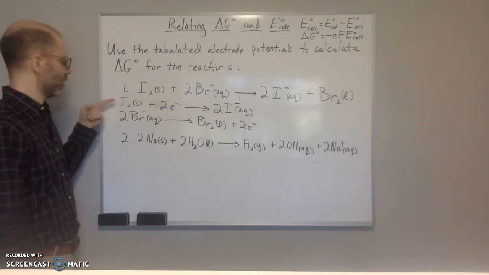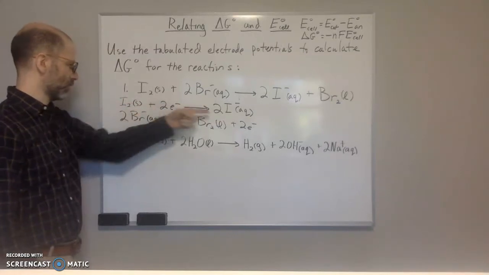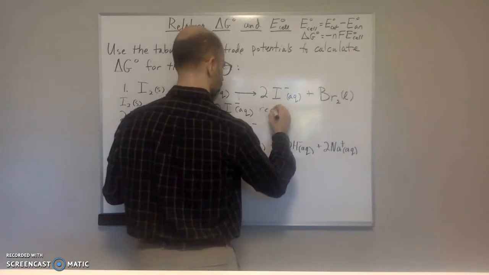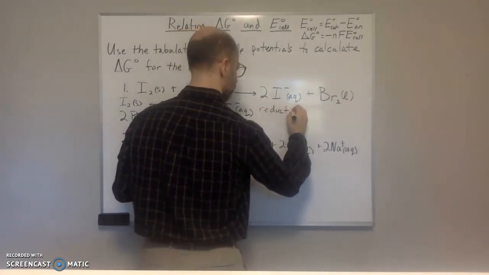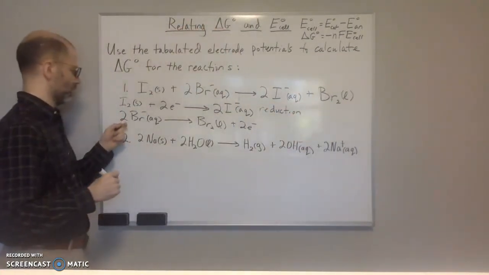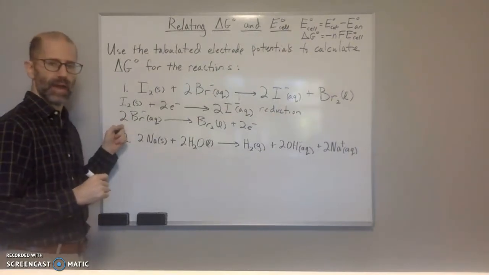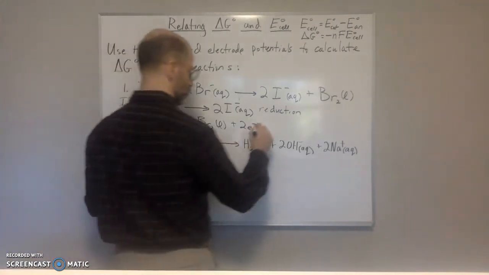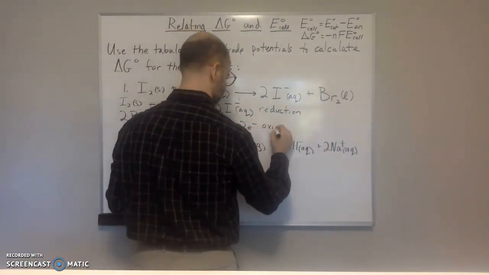Remember, OIL RIG: reduction is gain of electrons. And this is oxidation: oxidation is loss of electrons. So we're losing electrons here. This is oxidation.